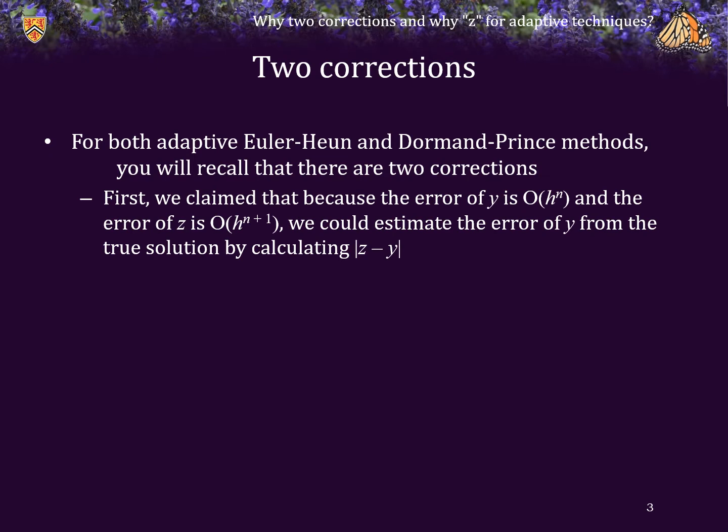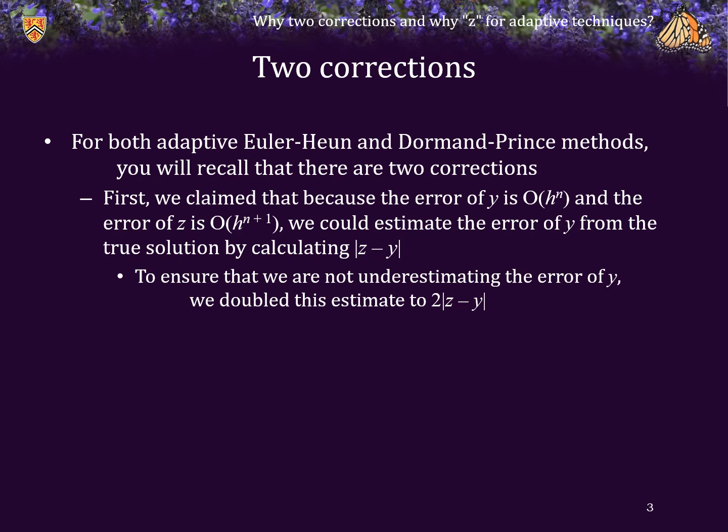First, we claimed that because the error of the poorer approximation was order h to the n, say order h squared for the Euler-Heun and order h to the 5 for the Dormand-Prince method, versus the error of our approximation z, which was order h cubed for the Euler-Heun and order h to the 6th for Dormand-Prince, we could then estimate the error of y from the true solution by simply calculating the absolute value of z minus y.